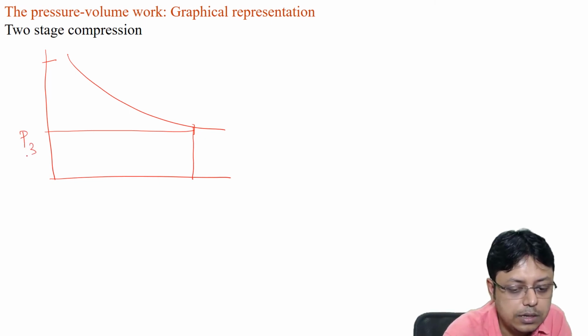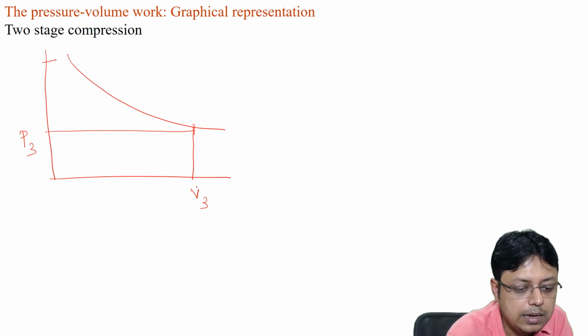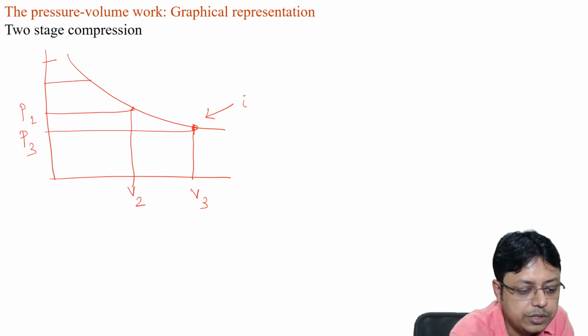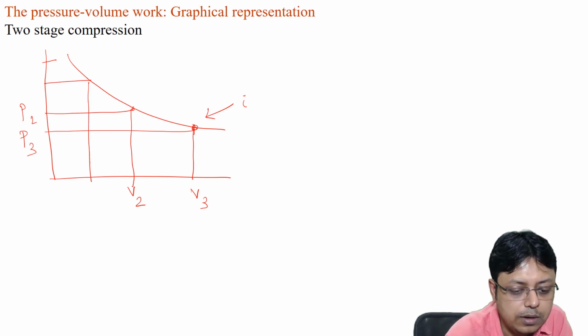So this was my initial state, and then we'll go through an intermediate state where the volume is V2 and the pressure is P2, and then in the final state we'll go back to the pressure P1 and volume V1.